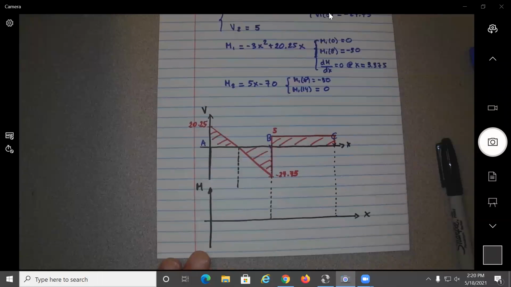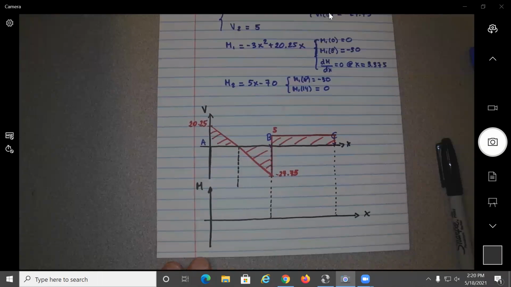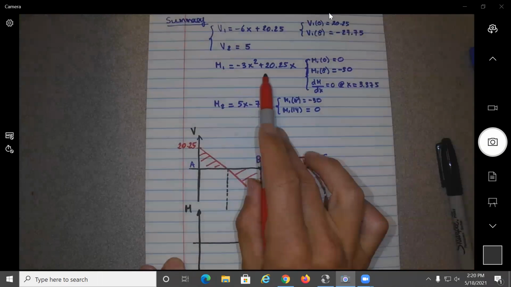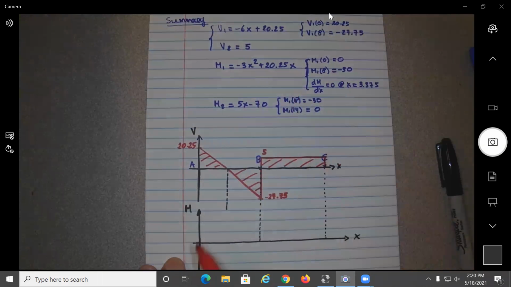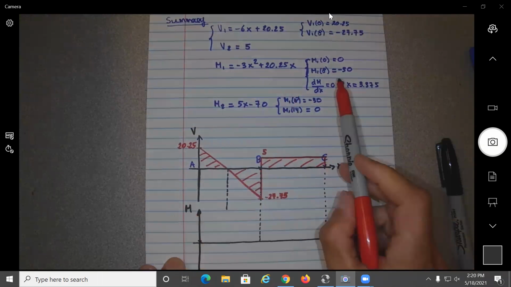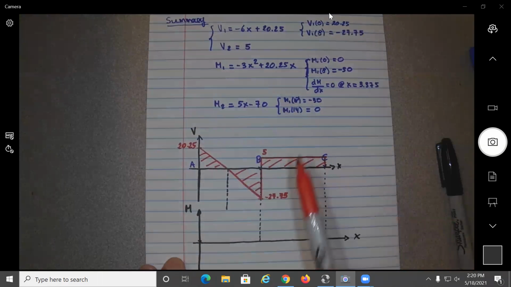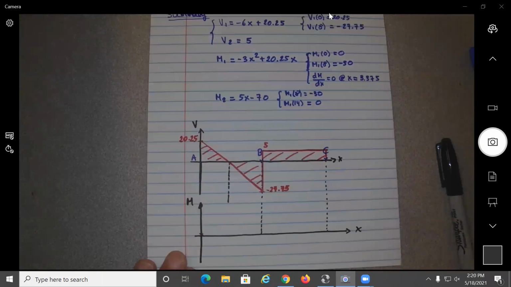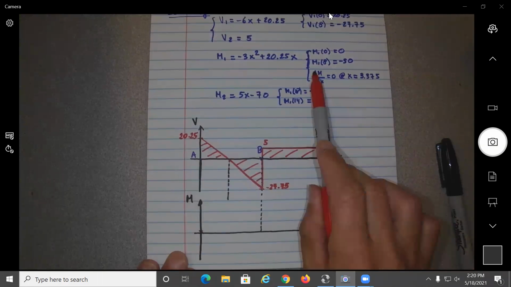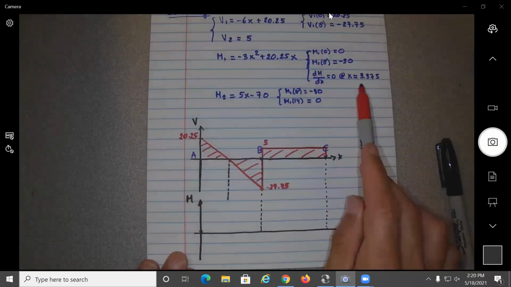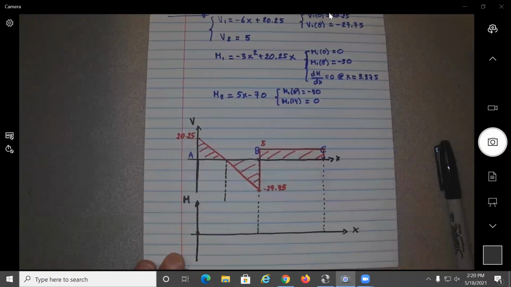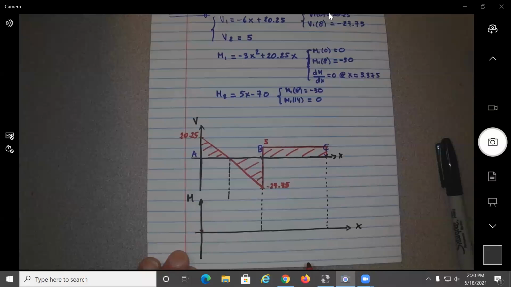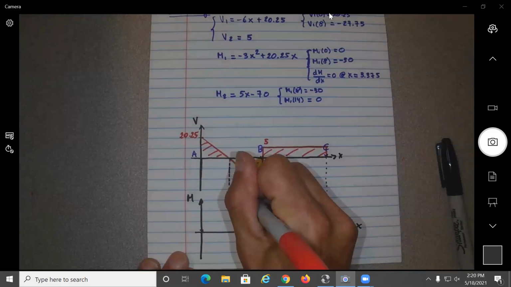So we know this will be x squared. So if we do now M1, what is the expression for M1? Minus 3x squared plus 20.25x. M1 of 0 is 0, so we start from here. And then M1 of 8 is minus 30. Can somebody do very quick? How much will be M of 3.375? 34.17. Okay, 34.17 will be this point.